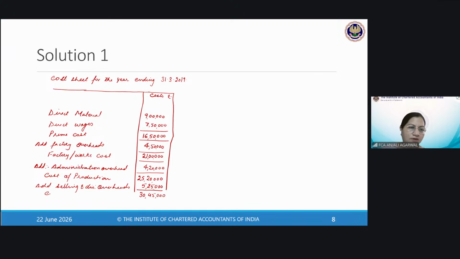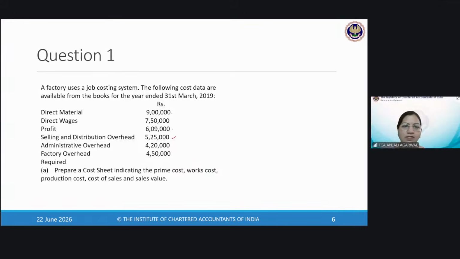This is called cost of sales. And now you will have either profit given or sales given. If profit is given, you can find out the balancing figure as sales by adding up the profit. Or if sales is given, the balancing figure would be your profit. In this question, profit is given as 6,09,000.